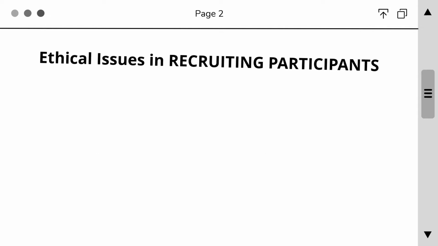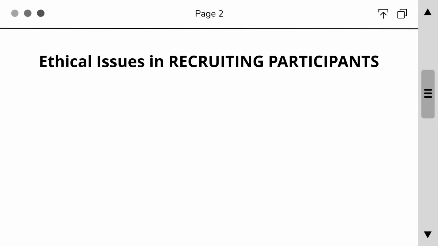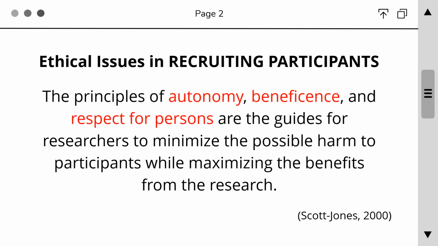Now, let us go to the first ethical issue in recruiting our participants for the study. According to Scott Jones, the principles of autonomy, beneficence, and respect for persons are the guides for researchers to minimize the possible harm to participants while maximizing the benefits from the research. Autonomy is where the researcher asks for consent information from the participants before conducting the study.